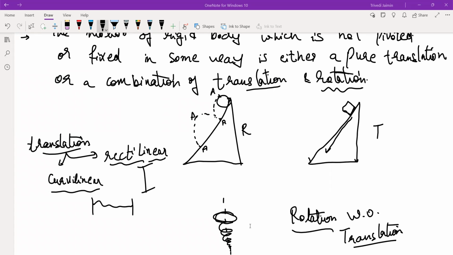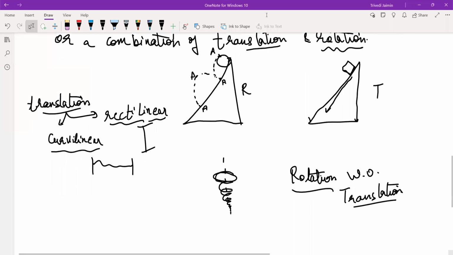Yes, I used to play with tops when I was a small kid. So yes, rotation without translation is possible, but is translation without rotation possible, in reverse order?